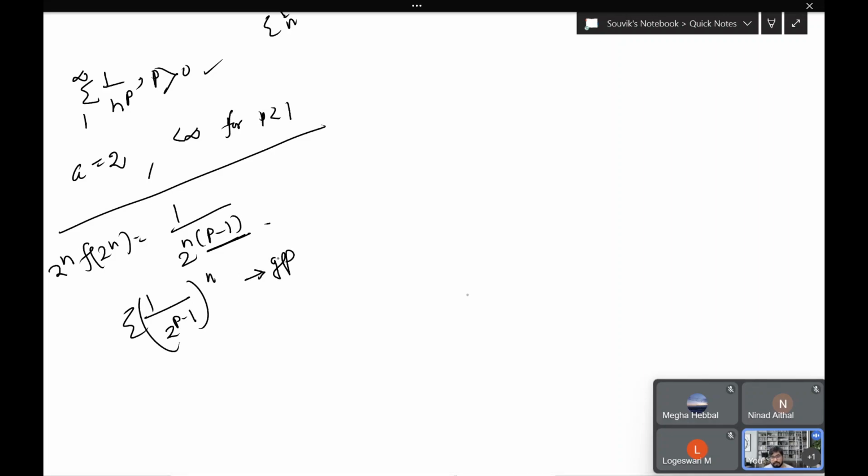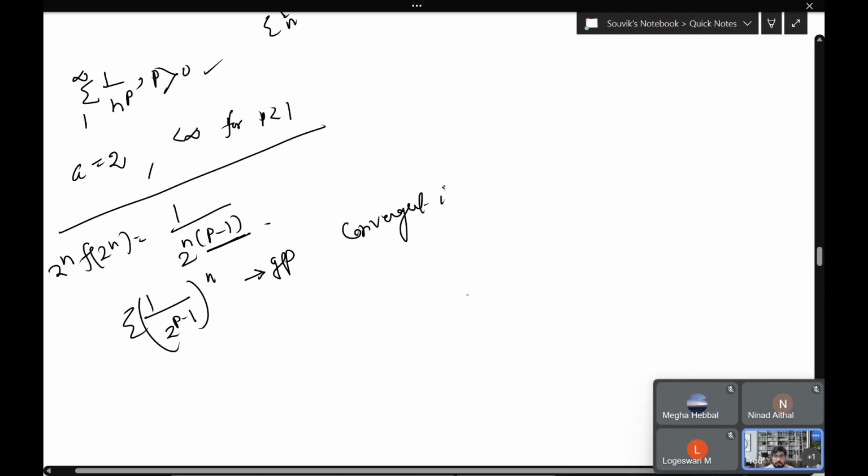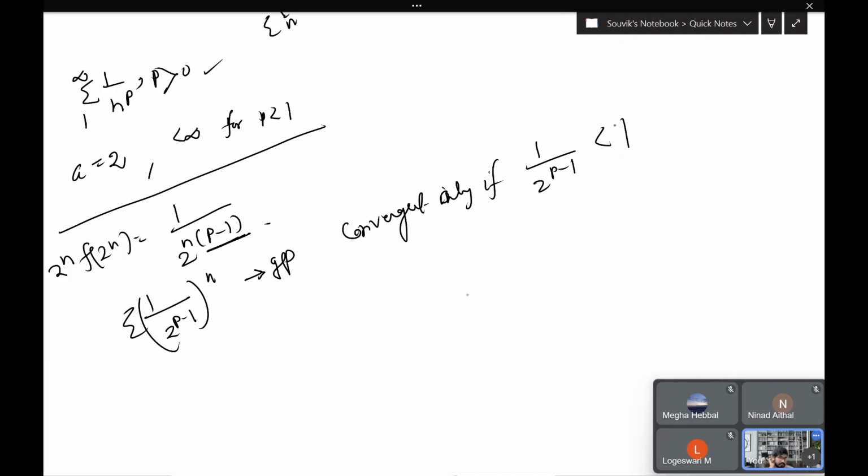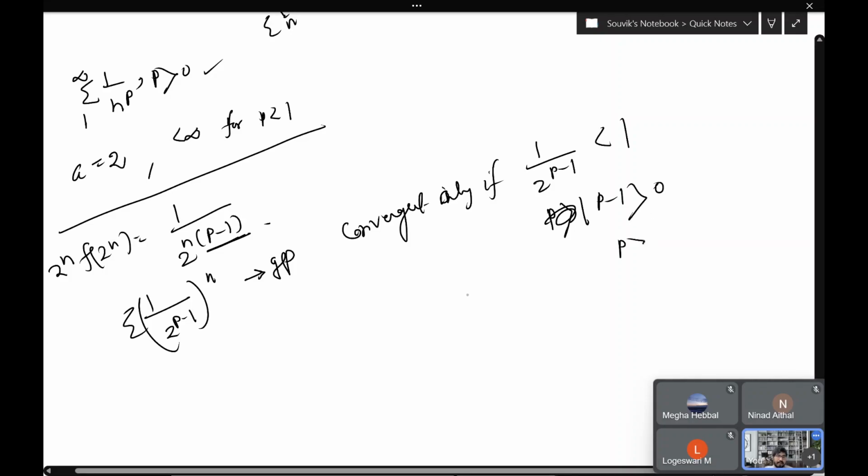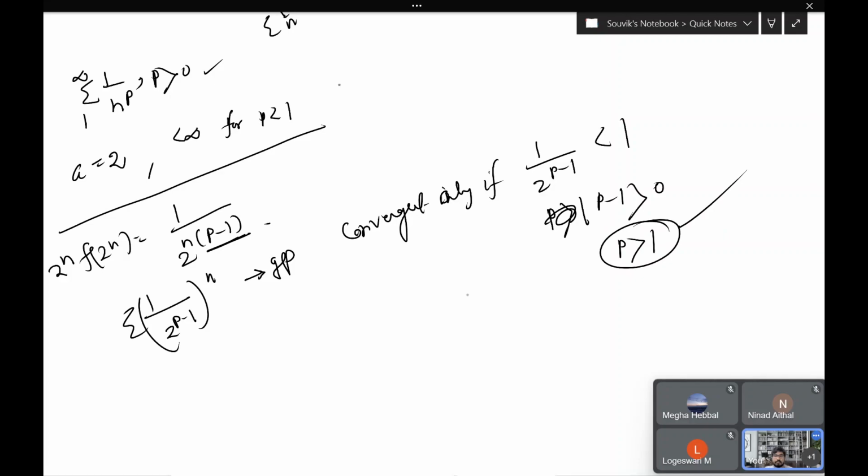First of all, this is a geometric progression, and everybody knows that it is convergent only if 1 by 2 to the power p minus 1 is less than 1. This implies p minus 1 greater than 0, which means p greater than 1. So p greater than 1 is convergent, and for p less than 1 it is divergent. You understand? Yes, sir.